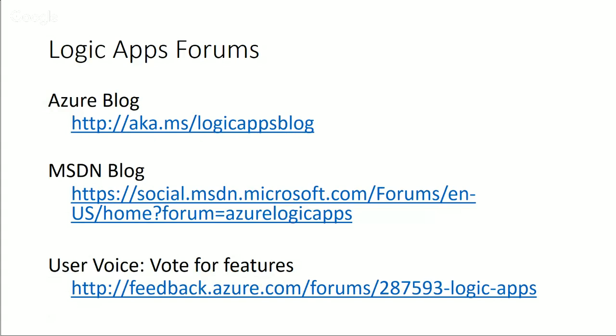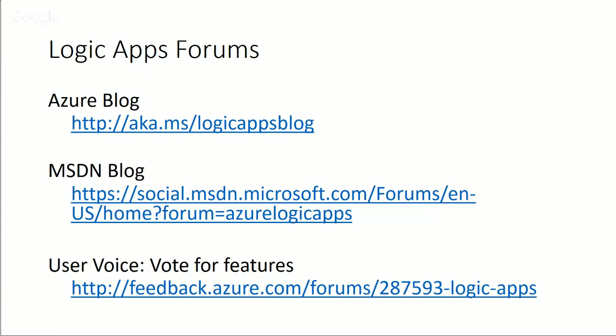And finally, if there's a feature that you're looking for, go ahead and vote for one that's already there, or create your own feature request. Now that we've released the new designer, we've actually closed a bunch. So please put those up there, and we'll address them as they come. Definitely. And that helps us too.